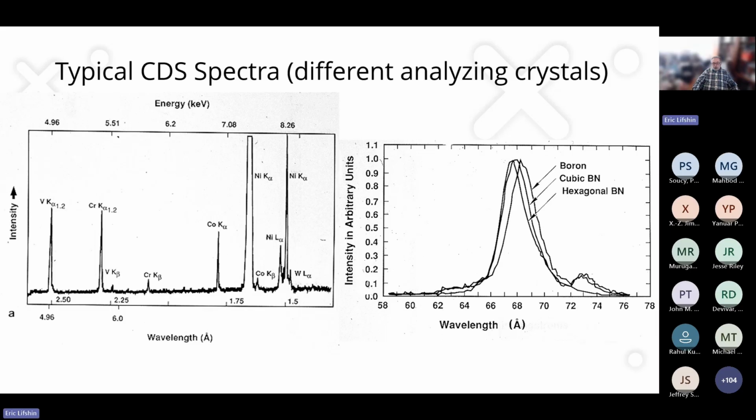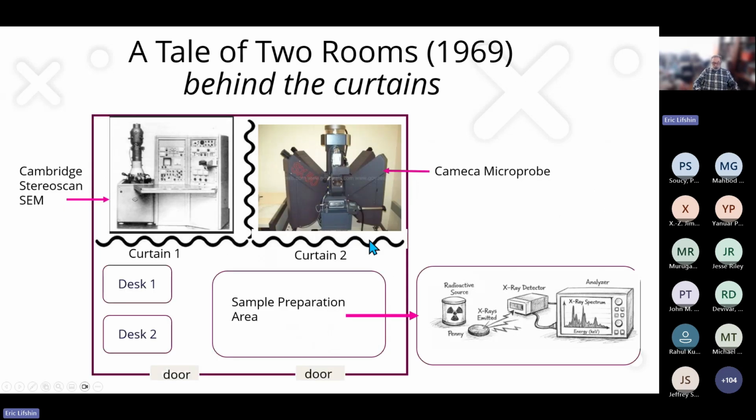For these light elements, you don't have a lot of electrons there. In a material like boron nitride, the extra peaks have to do with electrons from nitrogen coming over and saying, hi, boron, and winding up there. So we can get very fine structures, which are visible with diffraction-based spectrometers, but much less so with energy dispersive spectrometers.